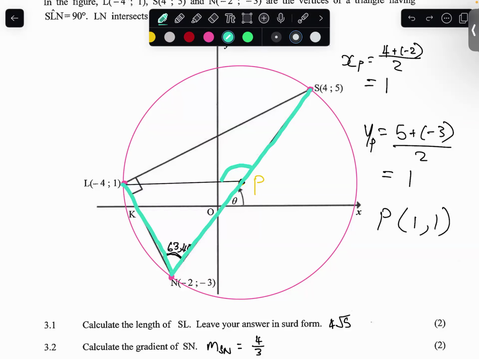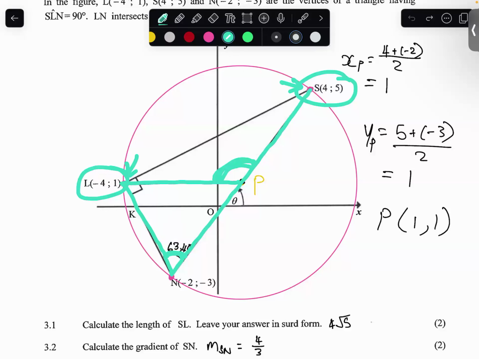So this is the angle at center is 2 times the angle at circumference, as long as it is subtended by the same arc or chord. Right? So it's subtended from LS. Both the angle at the center and the angle at the circumference are subtended by LS.